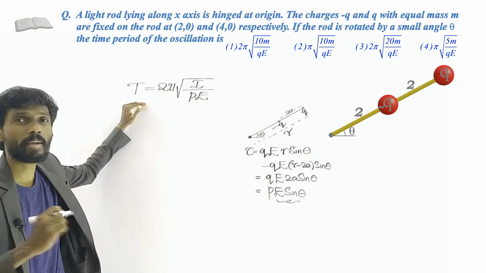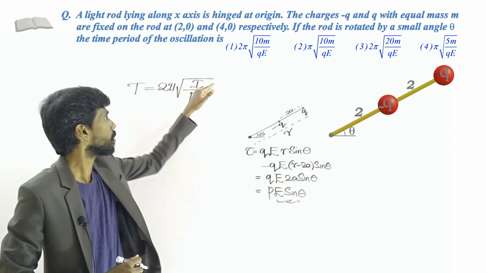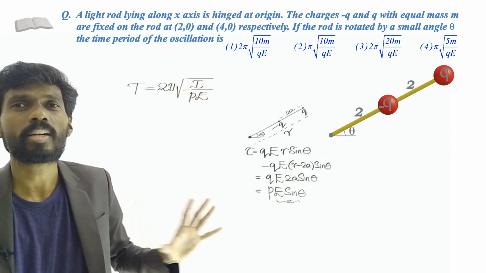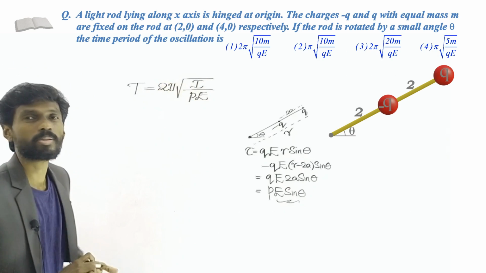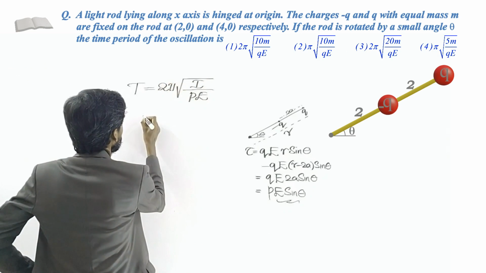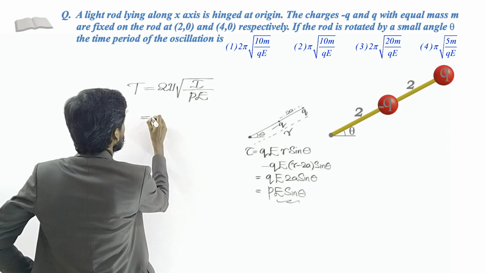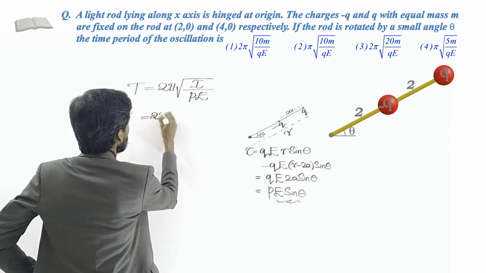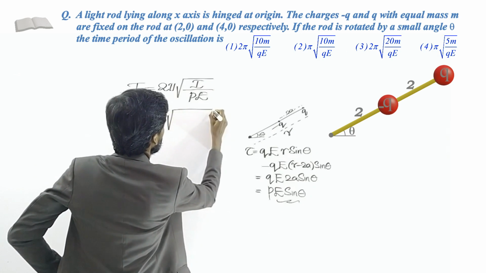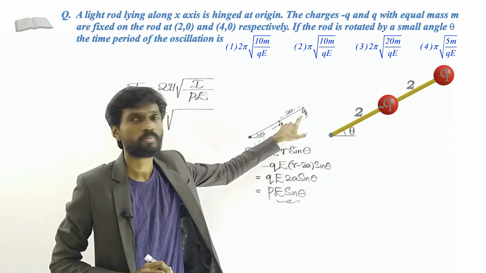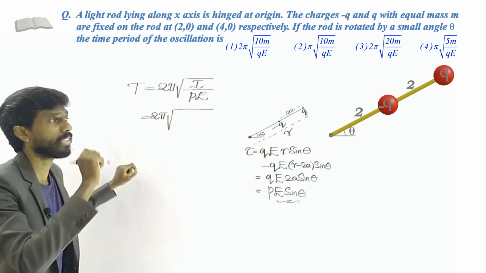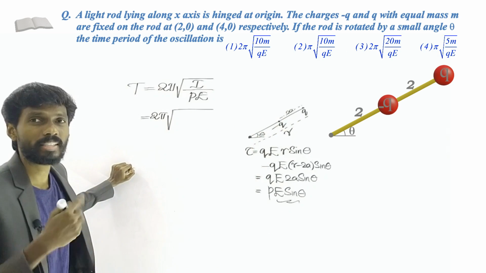So the time period T equals 2 pi multiplied by square root of I divided by pE. That's all. Same formula, we simply substitute these values. What is I, the moment of inertia? We have to find the moment of inertia of this charge, say q. That is mass m multiplied by the distance squared.